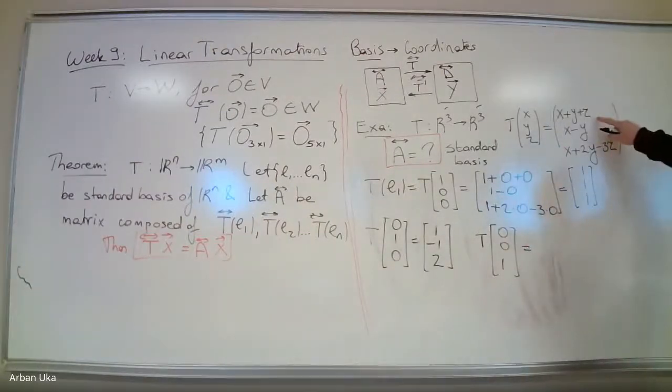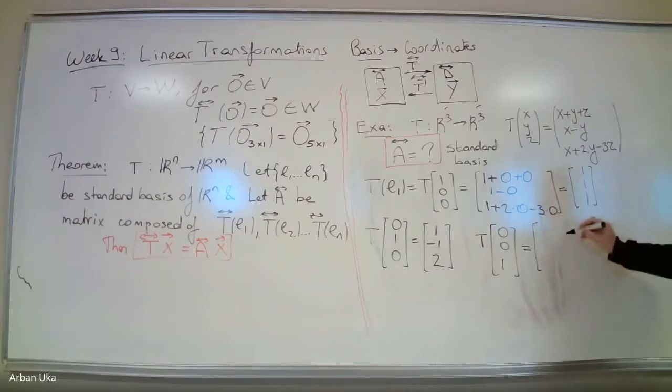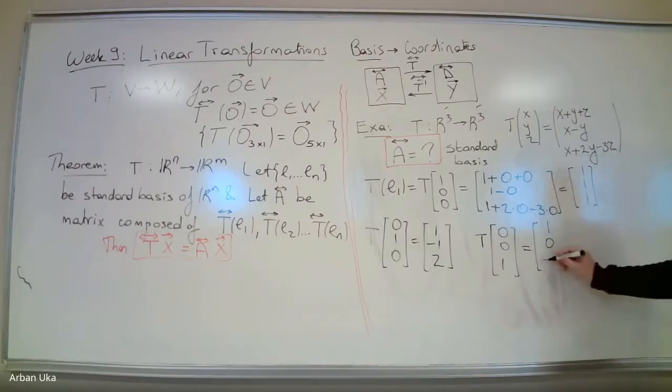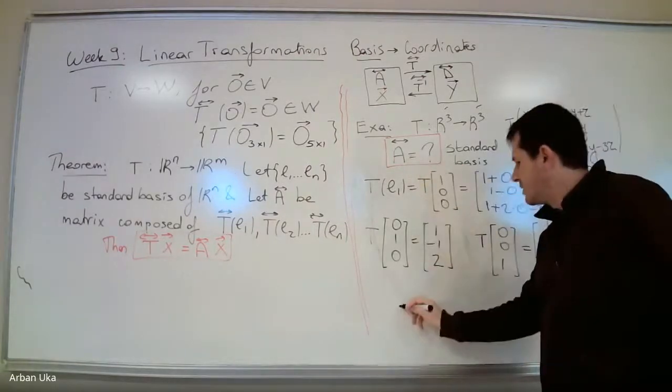We have these two are 0. We have a 1 here, which is 1. This is 0. The only non-zero term is minus 3 here. It's minus 3.